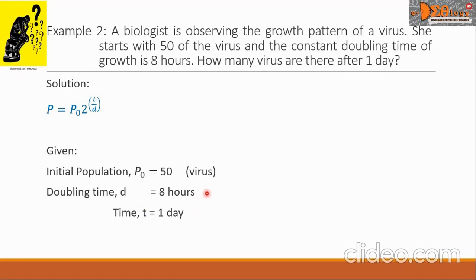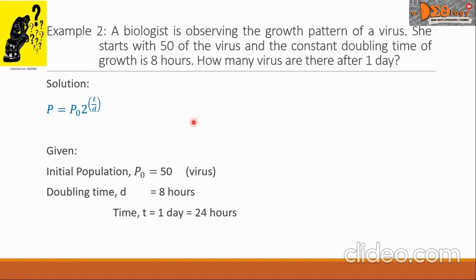Our doubling time is in hours, and the time here is given in day. Let us convert this day into hours, since we know that there are 24 hours in 1 day. So we will write here 1 day equals 24 hours. And we will use this value 24 in our formula.